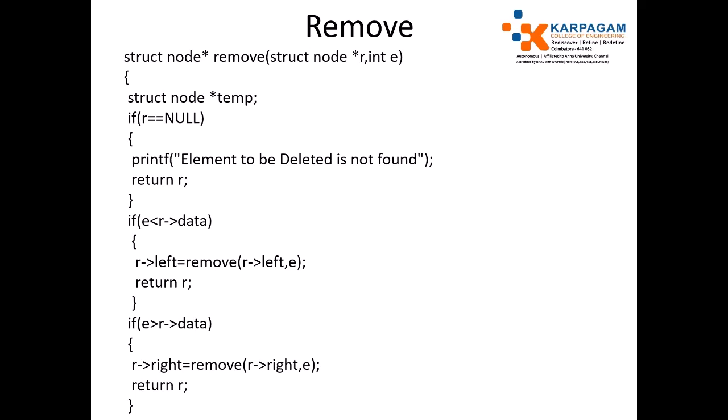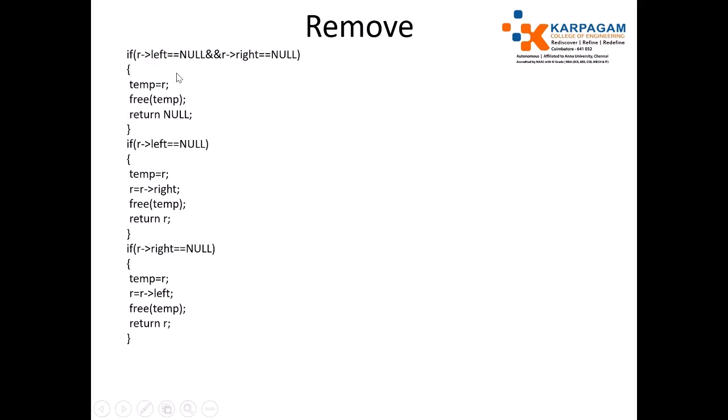So at that time only, it will go into this condition. In this situation, you need to check whether the element to be deleted has a left child or a right child, or both children, or it is a leaf.